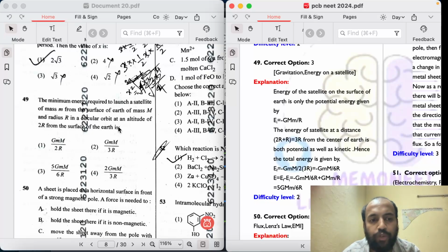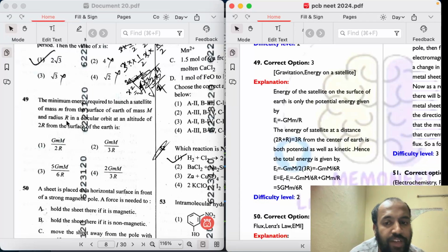Now the concept that you require here is that on the surface of the earth, the satellite will actually have potential energy, and the potential energy is given as minus GMm divided by r, where r is the radius of the earth, m is the mass of the satellite, capital M is the mass of the earth. Now if we talk about a higher altitude of 2r from the surface of the earth, not from the center, that means from the center of the earth the distance will be 3r, but at this point it will have both kinetic energy and potential energy at that height.